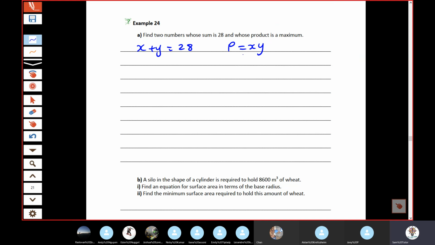Go ahead, try that. So from this, make one of them the subject, sub it in, differentiate, and let's see if you guys can get the same answer. Or find the maximum product of two numbers whose sum is 28.